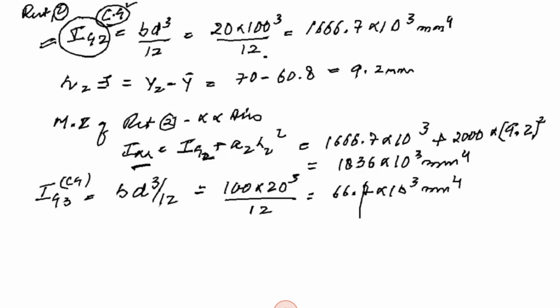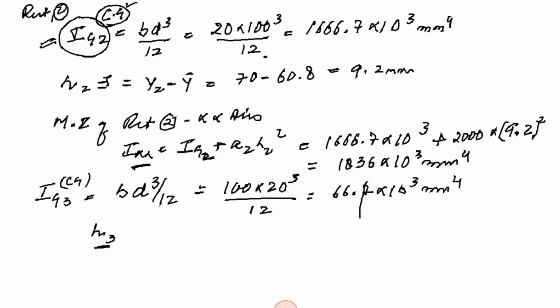Now we again need H3. H3 is the distance to be considered while calculating the moment of inertia about the x-axis, which is the difference between the center of gravity of the whole section and the center of gravity of that particular rectangle.